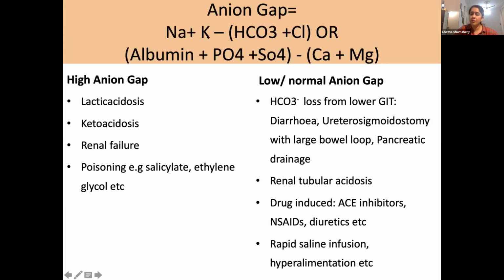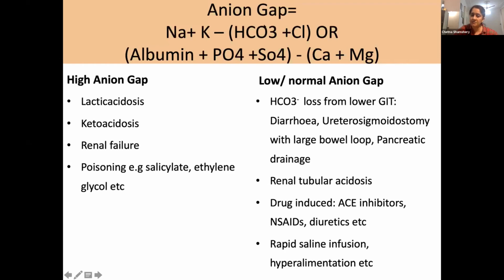See, the anion gap goes high when the bicarbonate or chloride values go down, right? So the bicarbonate ion goes down, but then there is something else that is replacing the bicarbonate ions to maintain this homeostasis of the body. It can either be a lactate ion, a ketone ion, a uremic ion, a salicylate or an ethylene glycol ion.